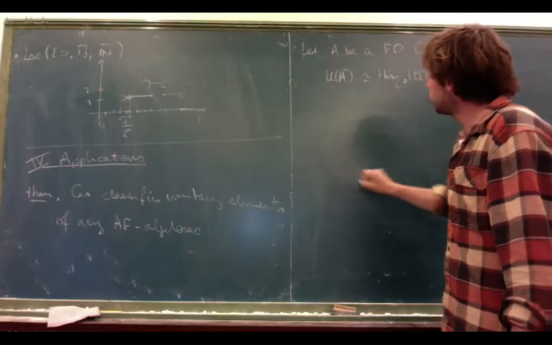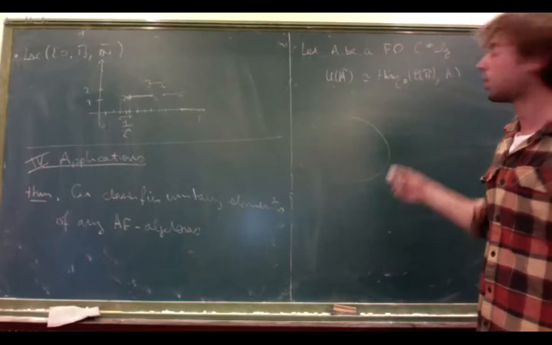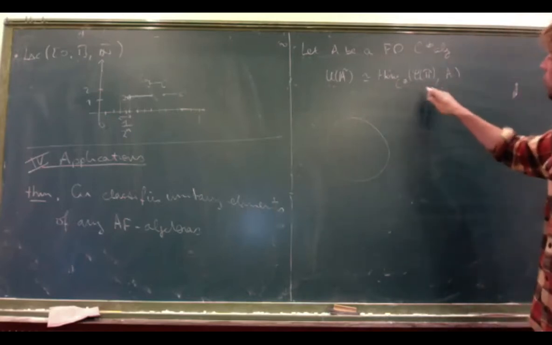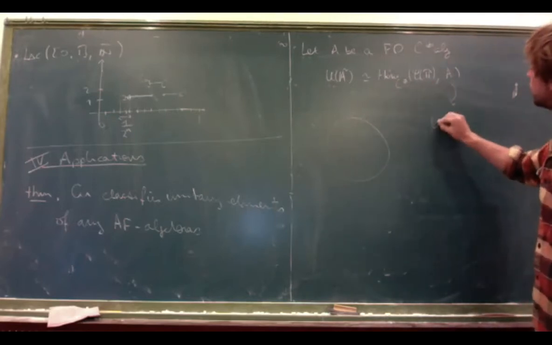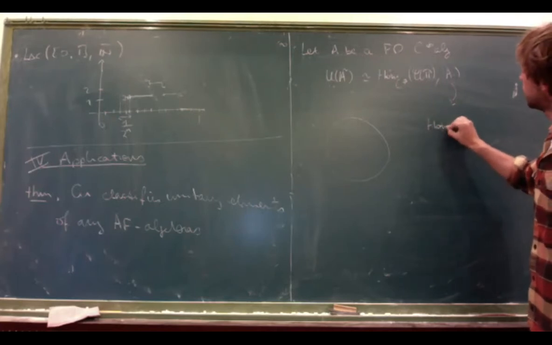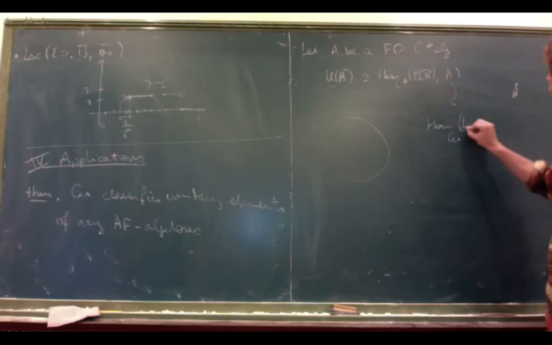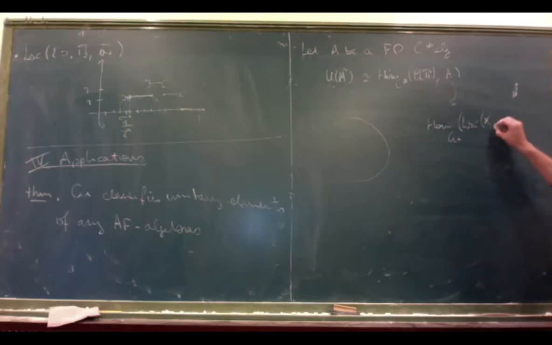And the way to do this is to use the discrete semi-metric that I have, not on this, but now if I pass this into Cu, I get Hom Cu, and now the Cu semigroup of the circle is the lower semicontinuous functions over the circle into N, and the Cu semigroup of A will be a direct sum of natural numbers.